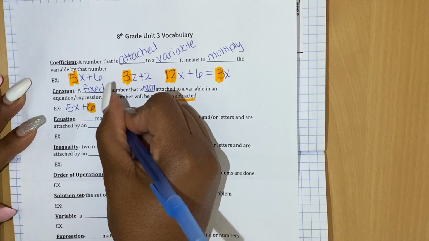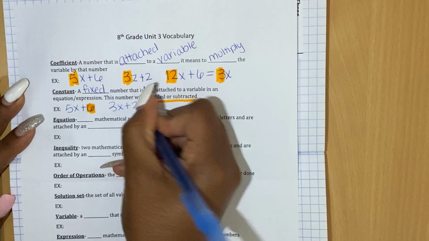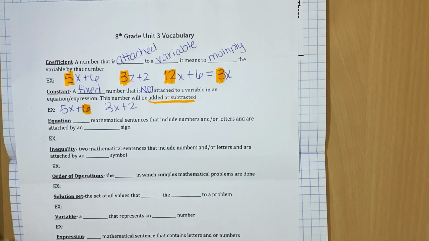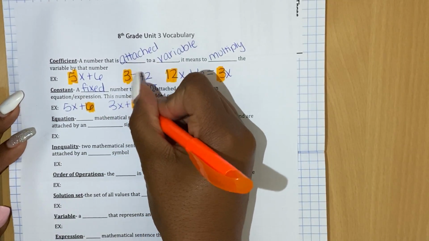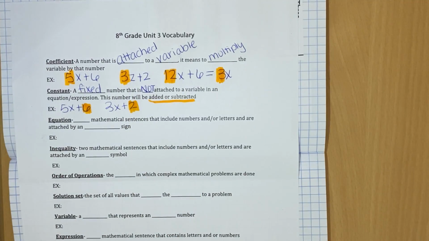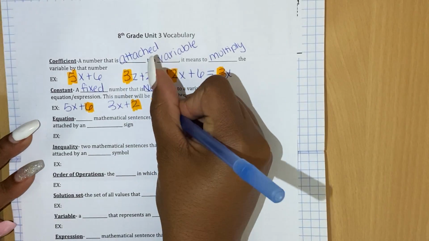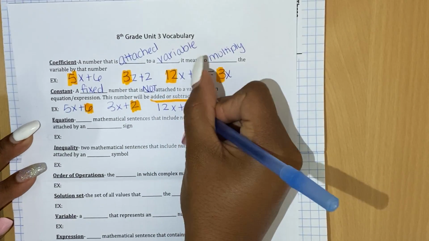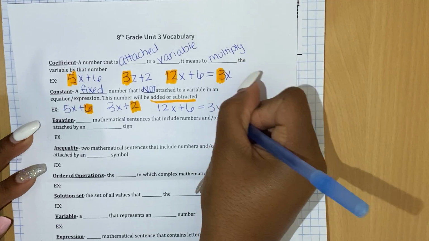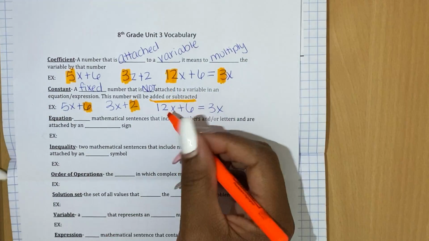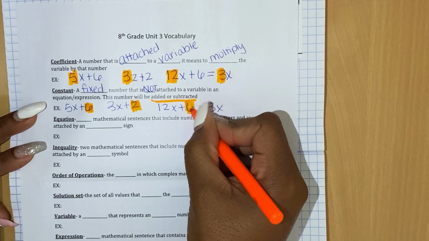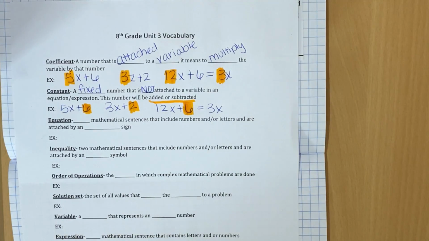If I had 3x plus 2, the 2 is not attached to a variable, but it is added in the expression. In the other example, 12x plus 6 equals 3x, that 6 is the number that is not attached to a variable.